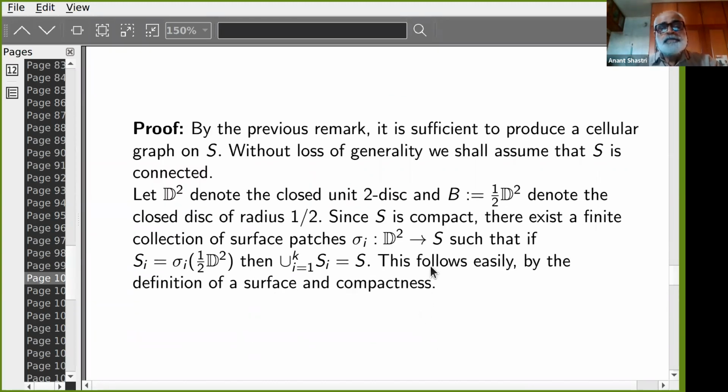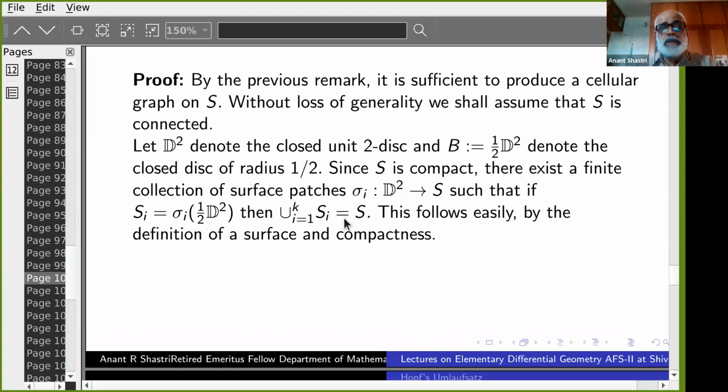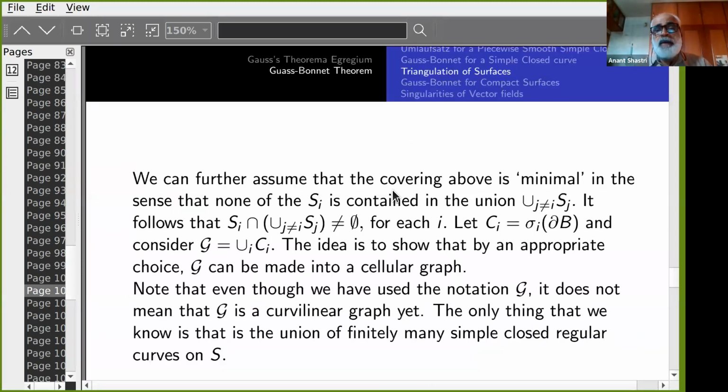All right. So start with this picture. K could be anything, 2, 3, 4, 5, and so on. It cannot be 1, because if it's only 1, then this will not be a compact surface. So we can further assume that the covering S1, S2, Sn is minimal in the sense that none of the Si is contained in the union of other Sj's.